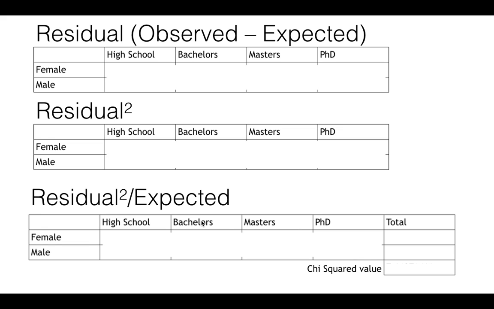We have 1, 2, 3, 4 types of education, and we have 2 genders. So what I'm going to do to give me my degrees of freedom is do the 4 minus 1 multiplied by the 2 minus 1. So I end up with 3 times 1. So my degrees of freedom in this case is 3.